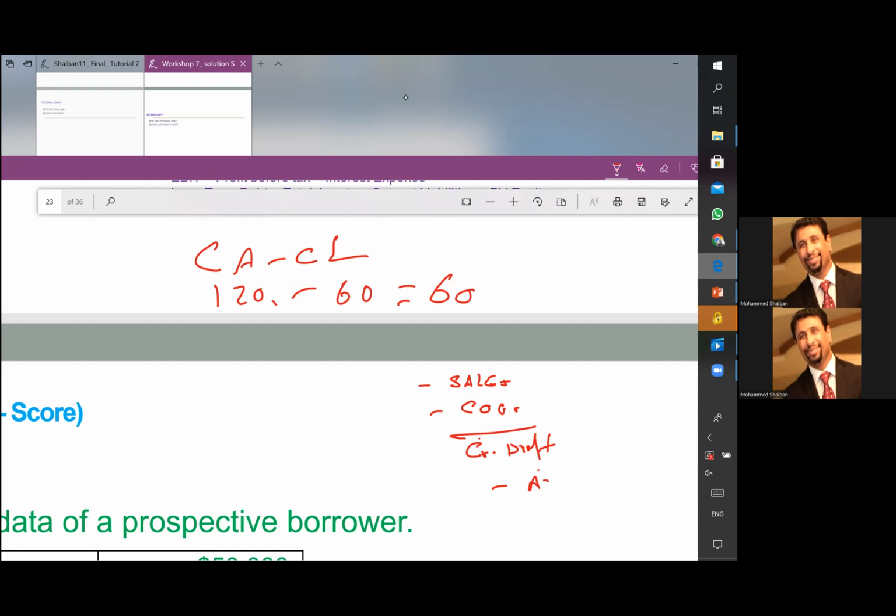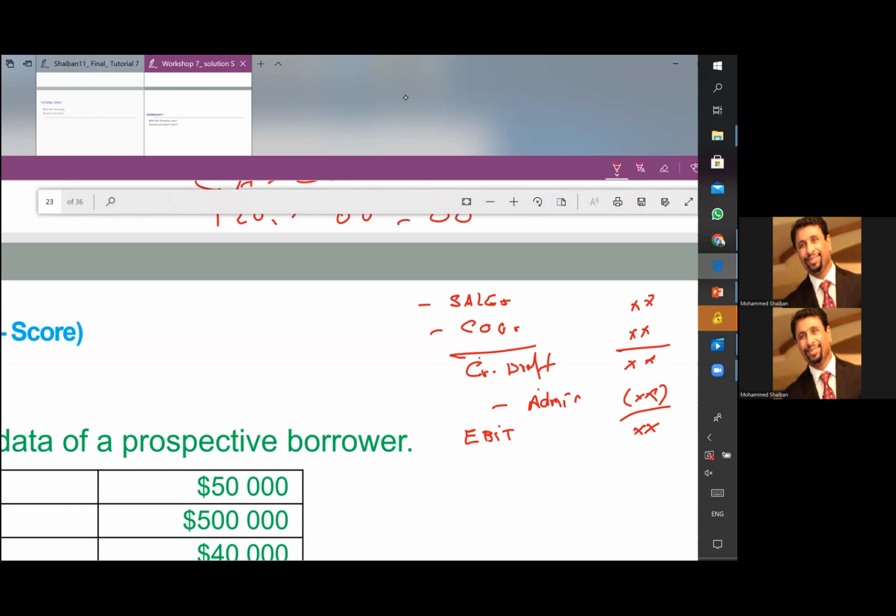We have admin, right? Then we have admin, we have to decrease it. Then we have earning before interest and tax here. Then we have the interest. Then we have earning before tax.